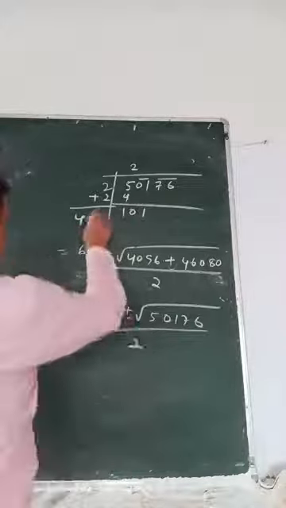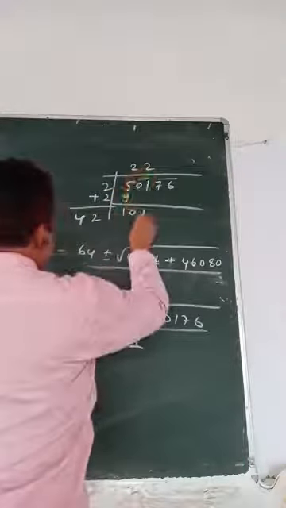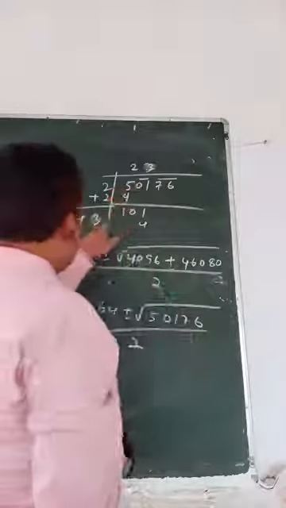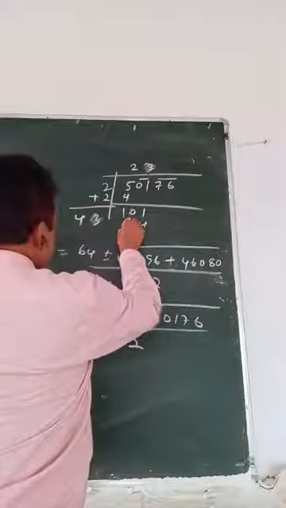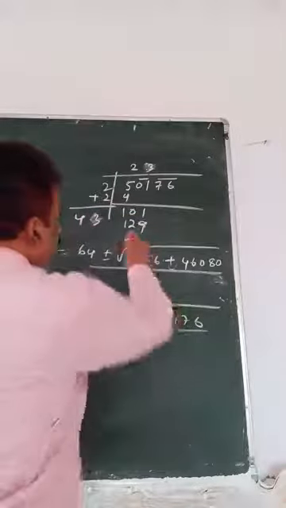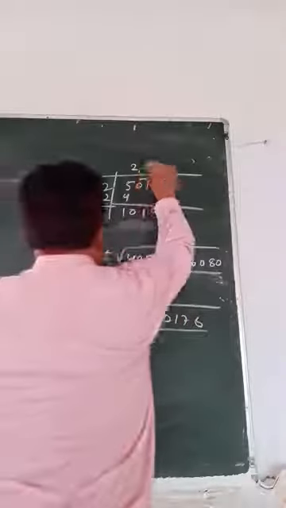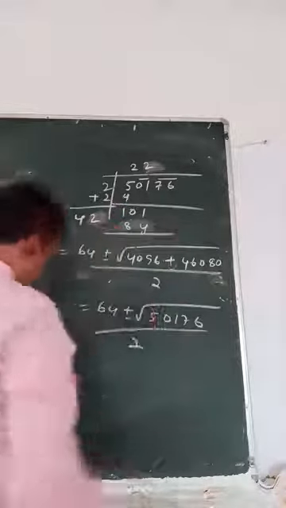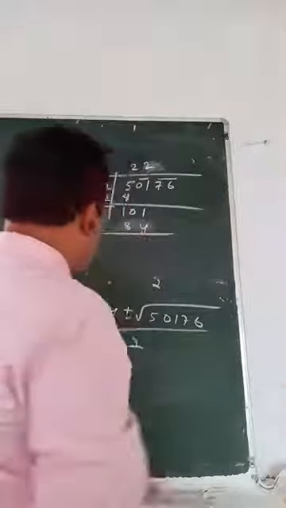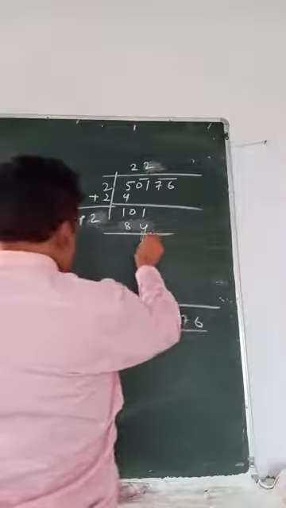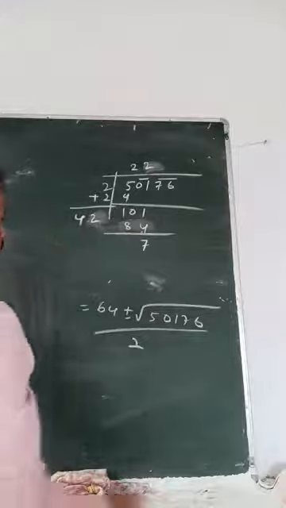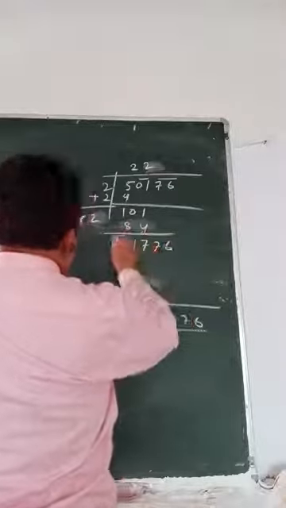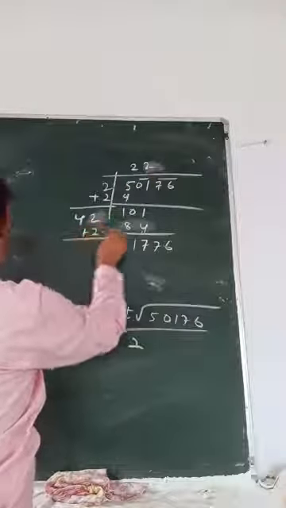If I take 3, 3 threes are 9, 3 fours are 12, that means 129, which is bigger, so I cannot take 3. I have to take 2. 2 twos are 4, 2 fours are 8. Then 7 and 6, these two you have to bring down here, 44.